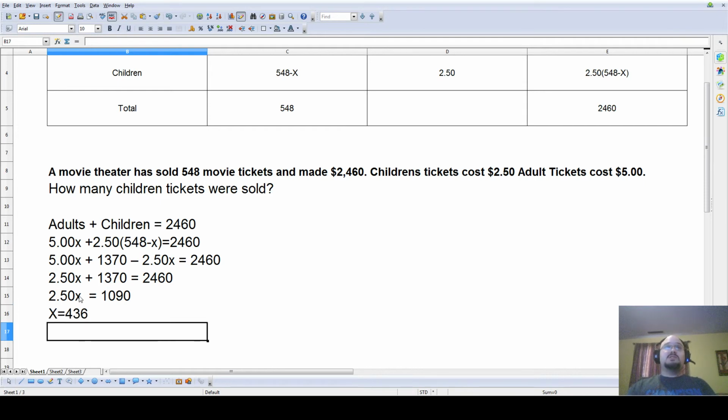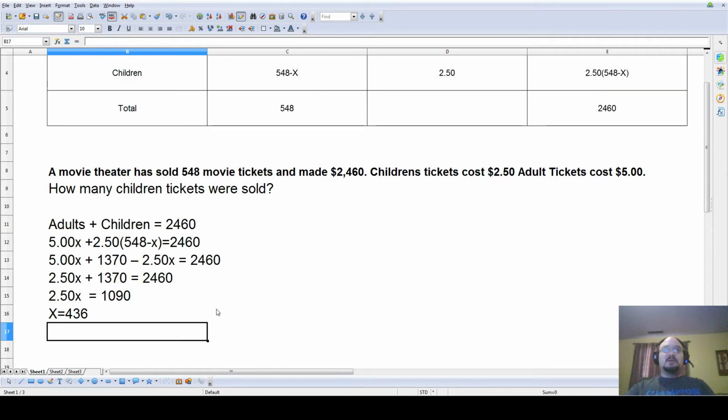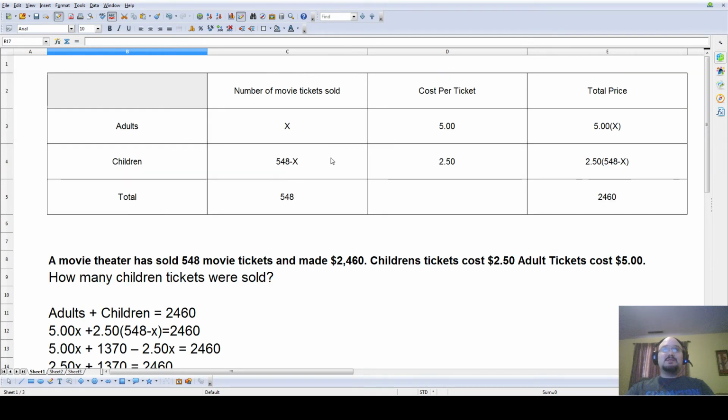All right, now we always need to check to see if we've solved the problem. x is 436 tickets, right? So, oh, look at this. We are looking for children's tickets, but we found the adults' tickets, because the adult tickets are what the x is.